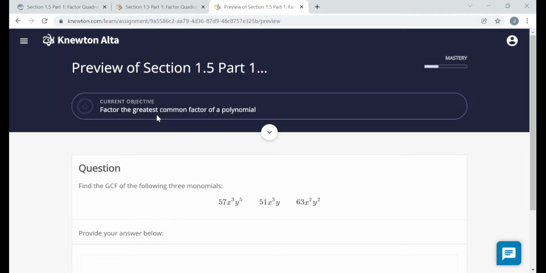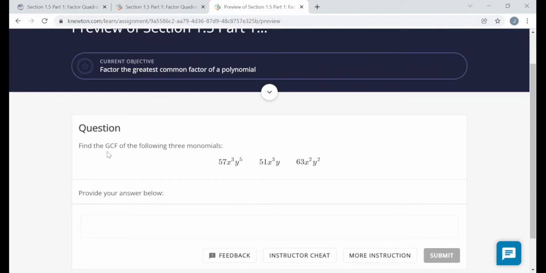So factor the greatest common factor of a polynomial, or for short, the GCF. That's just the largest expression that goes into all the terms you're given at the same time.